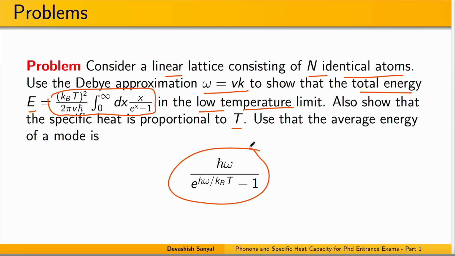Each mode has frequency ω, so the average energy for that mode is ħω divided by e^{ħω/k_B T} minus 1. This is a quantum relation, obtained from the quantum result for the harmonic oscillator.